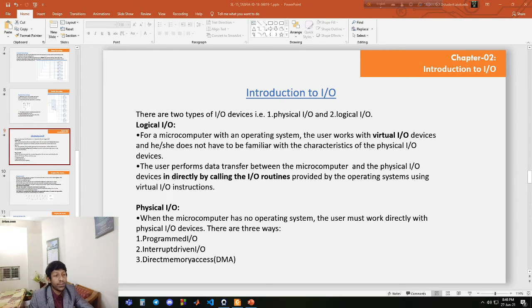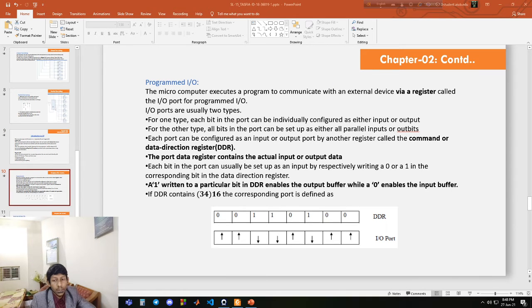So there are 3 ways of physical I/O: one is programmed I/O, one is interrupt driven I/O, and third is direct memory access or DMA. Programmed I/O accesses via registers.